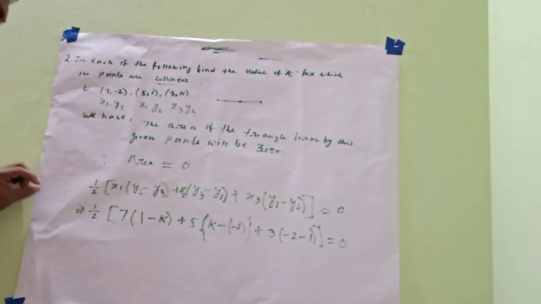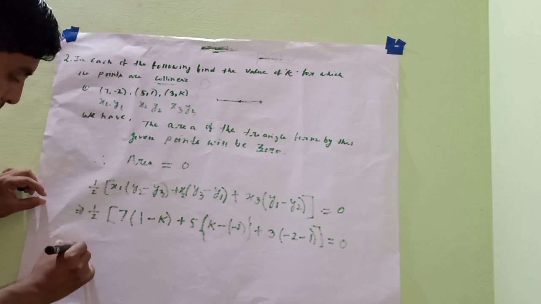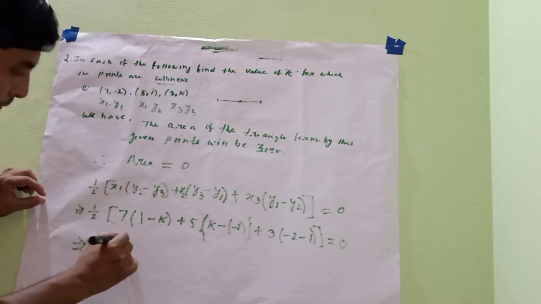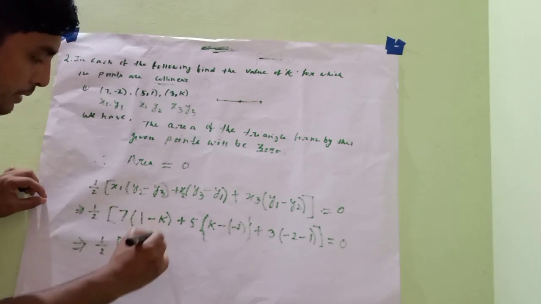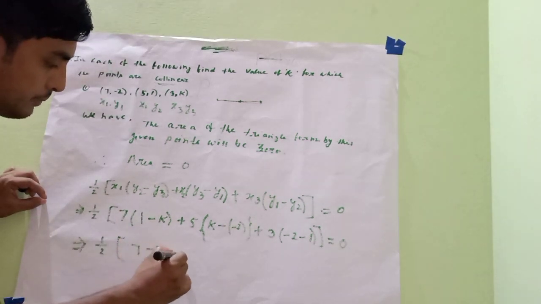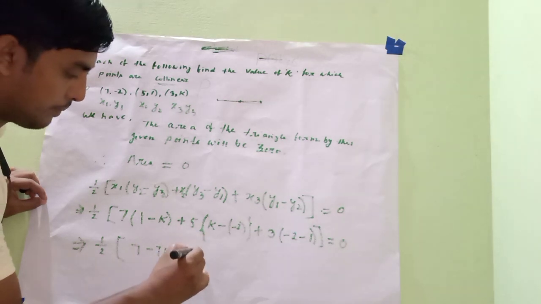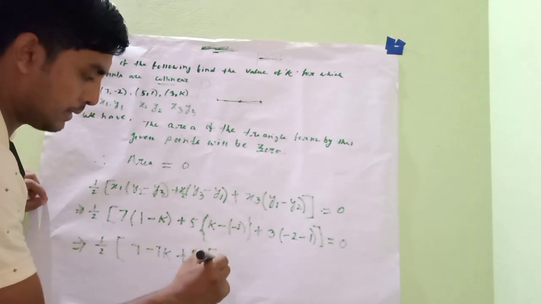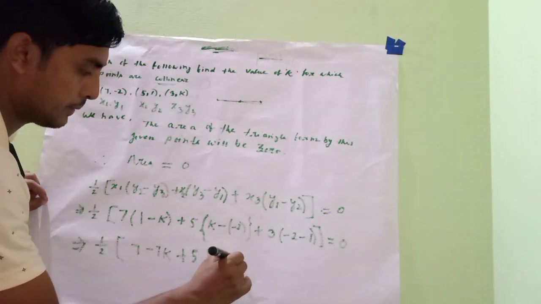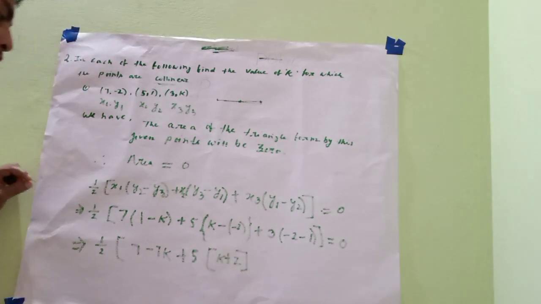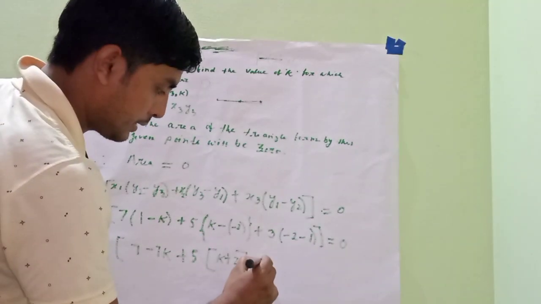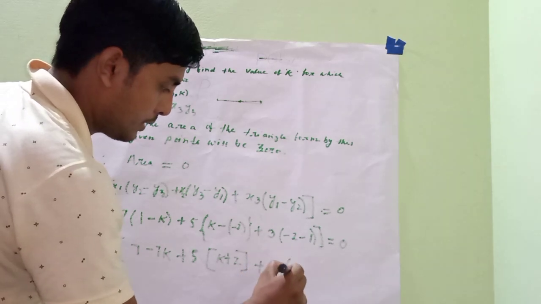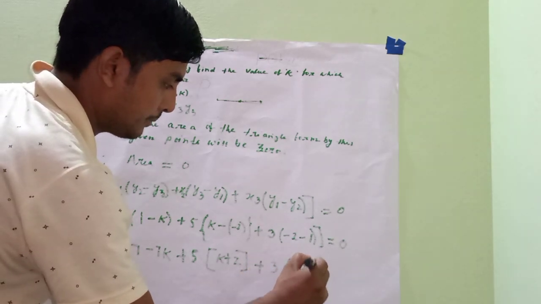Okay, so now simplify. Half, 7 into 1 is 7, 7 into k is 7k, then 5 into k minus 2, minus minus plus 2, then 3 into minus 2 minus 1, that is minus 3.